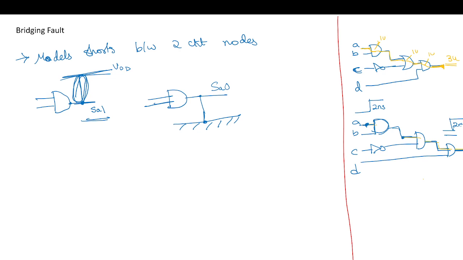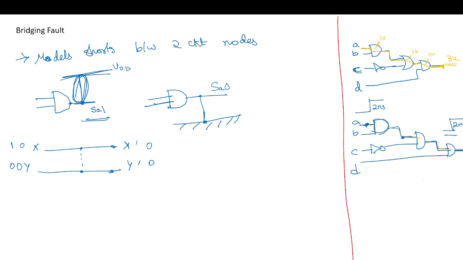Now the bridging fault is not excited unless, say, if this is a wire x and this is a wire y, these two values are shorted because of a bridging fault. If both values are 0 0, then the output will be 0 0, so we cannot excite the fault.